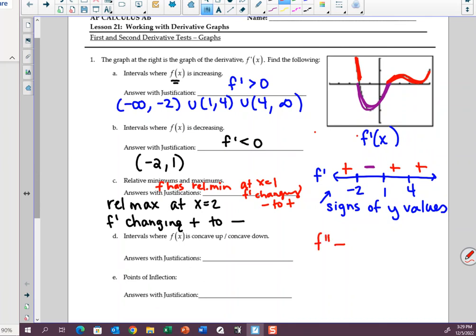F double prime information we can get when we consider the slope of the f prime graph.